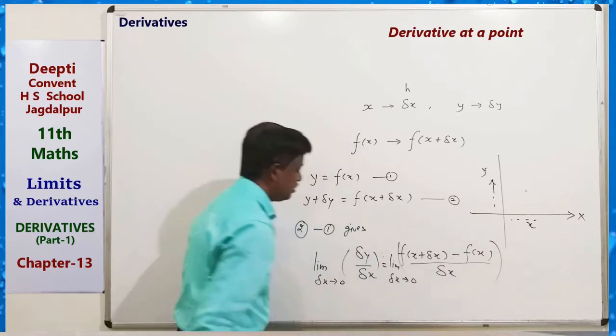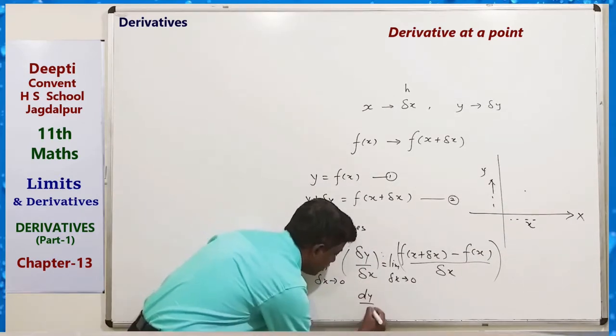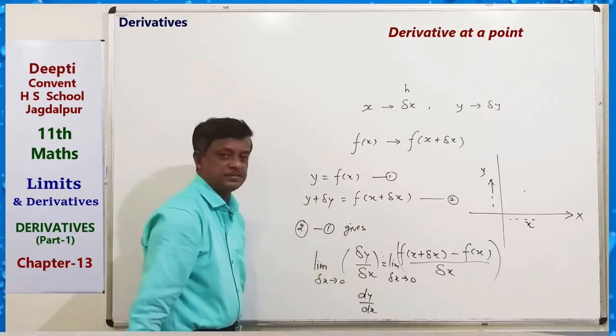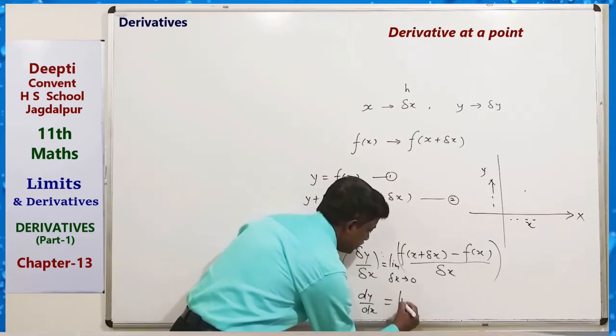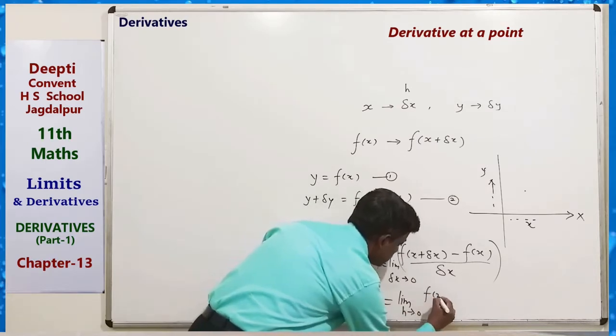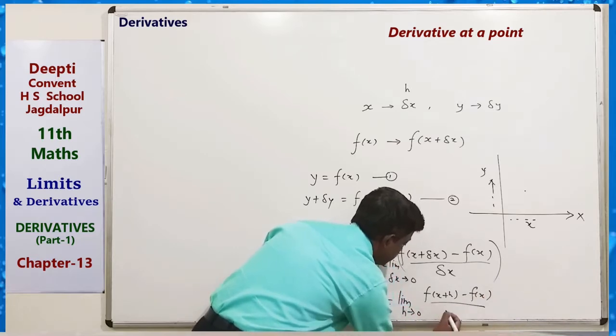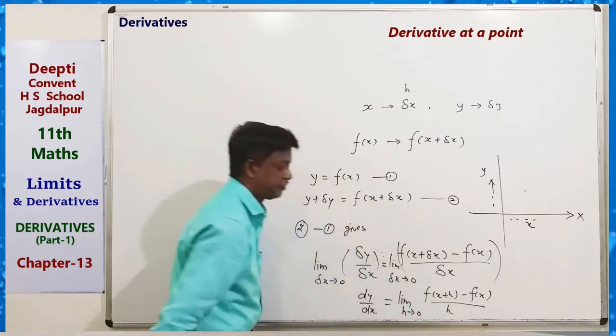This type of formula is used for finding the derivative, and it is denoted dy by dx. It is the limit as delta x, sometimes written as h, tends to 0 of f(x plus h) minus f(x) upon h.